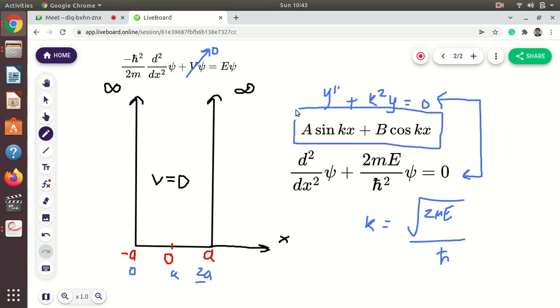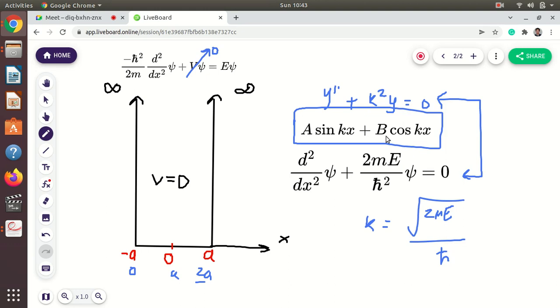Okay, now where will the difference be? The difference will be when we apply the boundary values. So what is a boundary value? When we solve a differential equation, we put some conditions to find out these constants. A and B are two constants here, or we can use C1, C2.